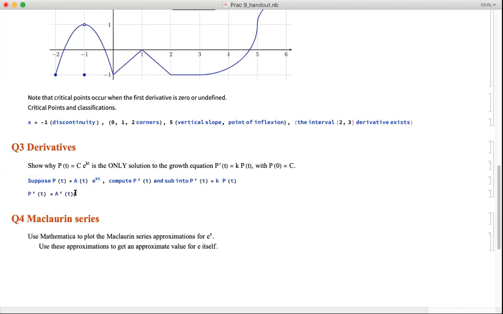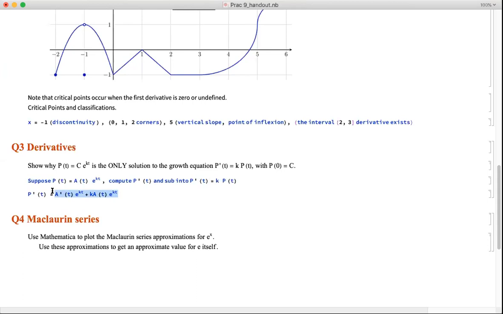Okay, let me write. That's the left-hand side of this equation. And then the right-hand side is kP(t).